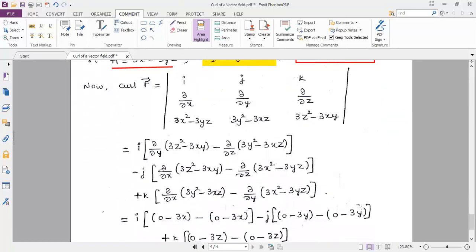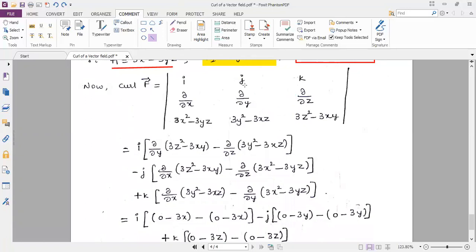Now let us expand this 3 cross 3 determinant. Firstly, i into ∂/∂y of (3z² − 3xy) minus ∂/∂z of (3y² − 3xz). This is for the i component.